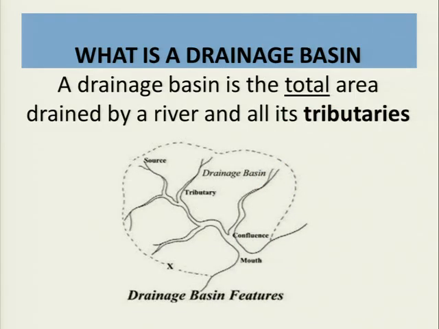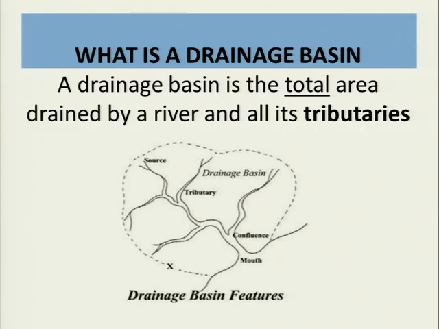Right, let's recap. What is a drainage basin? Remember, it is the area that is drained by a river and its tributaries. So the drainage basin in that picture is from watershed to watershed, from dotted line to dotted line.